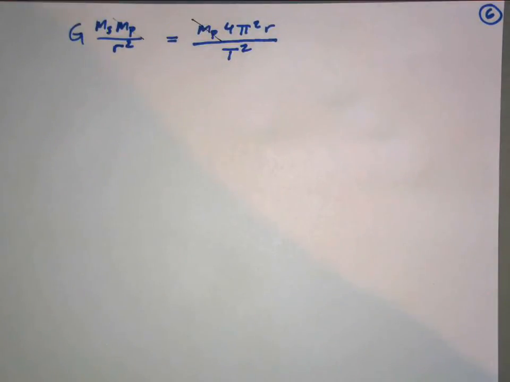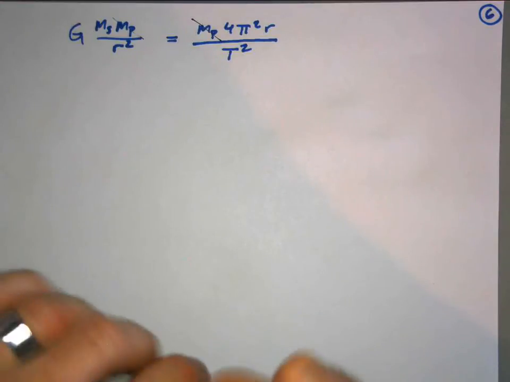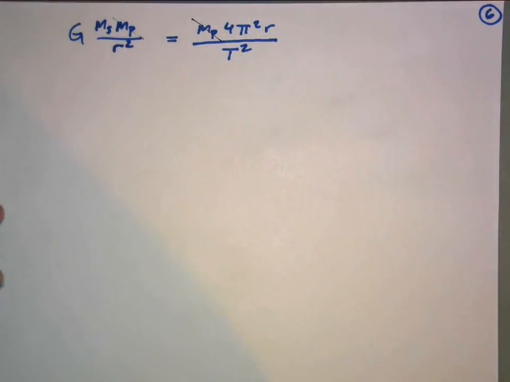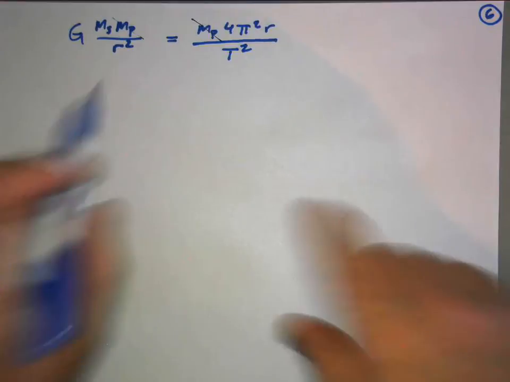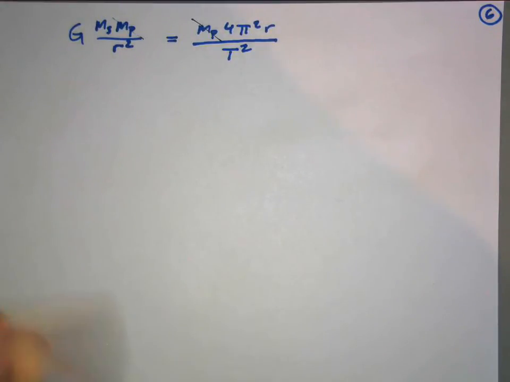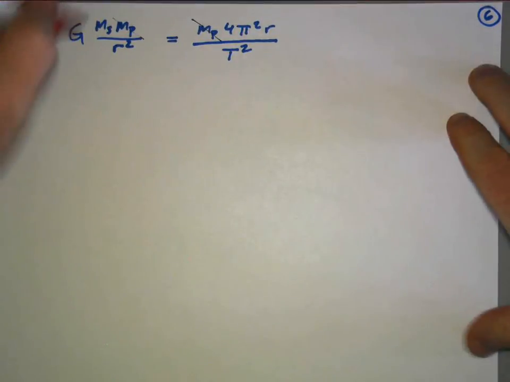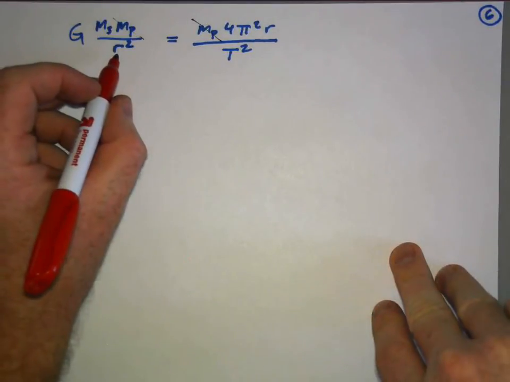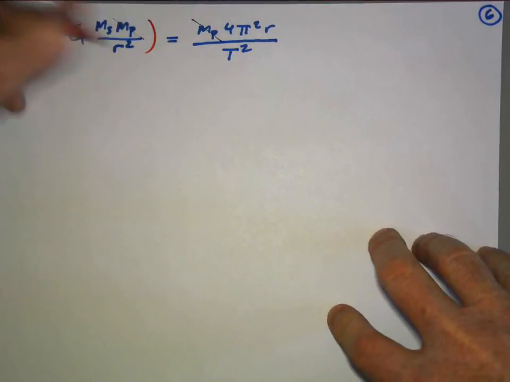And what I want to do is sort of simplify and get rid of fractions if I can. So how I get rid of fractions is, if I have dividing by r squared on this side, to get rid of that, I will multiply both sides by r squared.